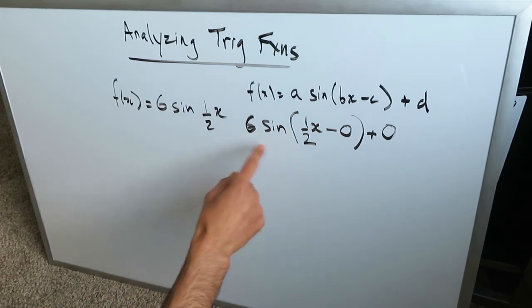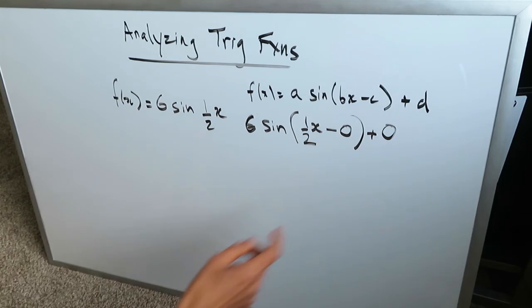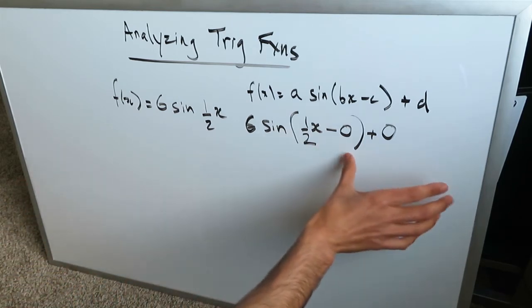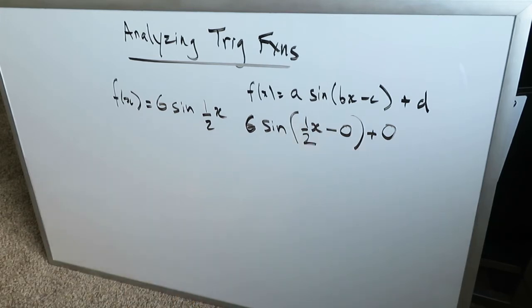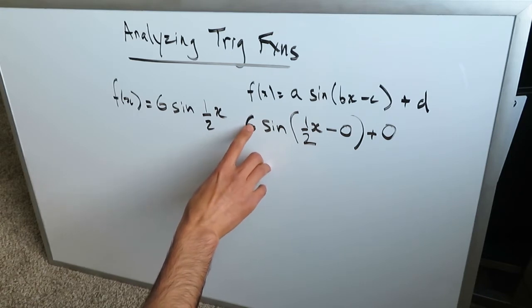We have an a, we have a b, we have a c, we have a d. Yes, some of these are zeros, but that's fine. By putting it in this form, you have a method by which you will do these following examples. And again, by putting it into this form, you're clearly laying down the components that you need to be examining. So it's always easy to just pick out the values once you've laid them out into a proper form.